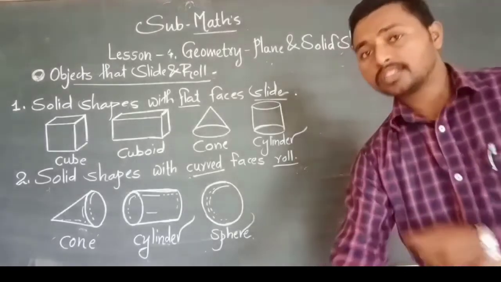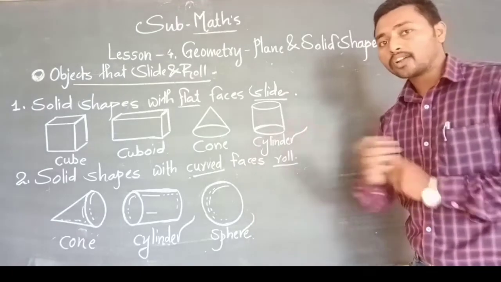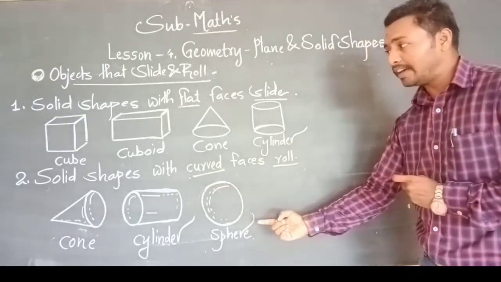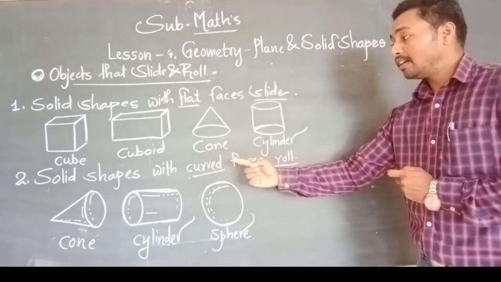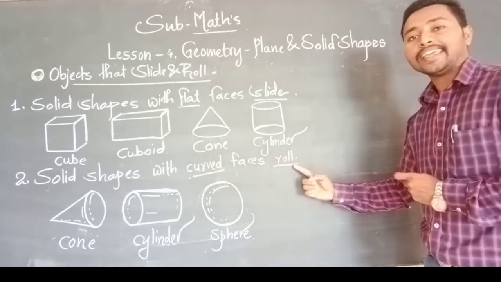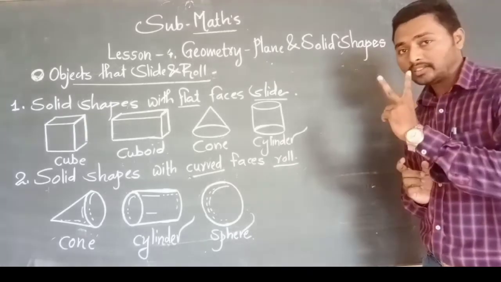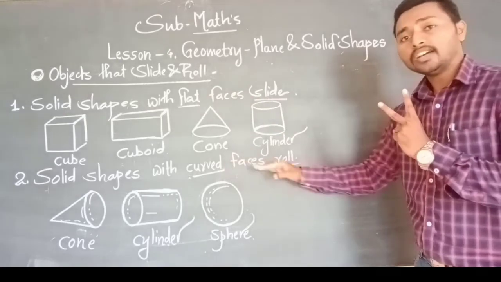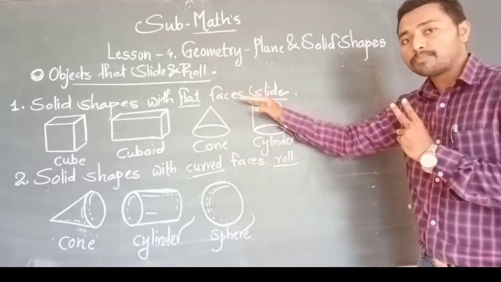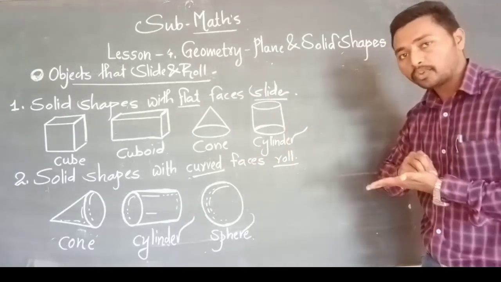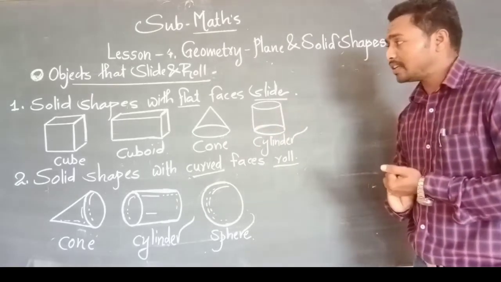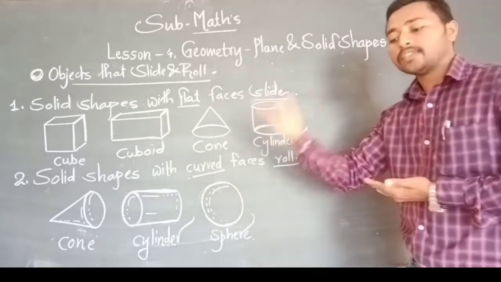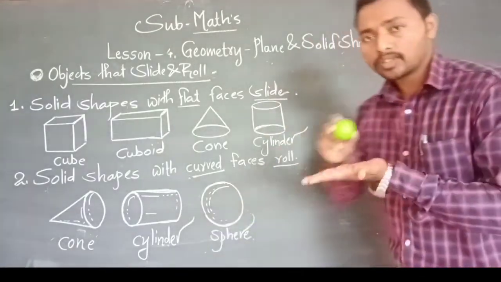That means those objects you are watching in this picture, cone, cylinder and sphere, solid shapes with curved faces, can roll. So both categories, solid shapes with flat faces and curved faces. Flat face objects we can slide from one position to another position, and curved faces we can roll from one position to another position. This is a sphere.